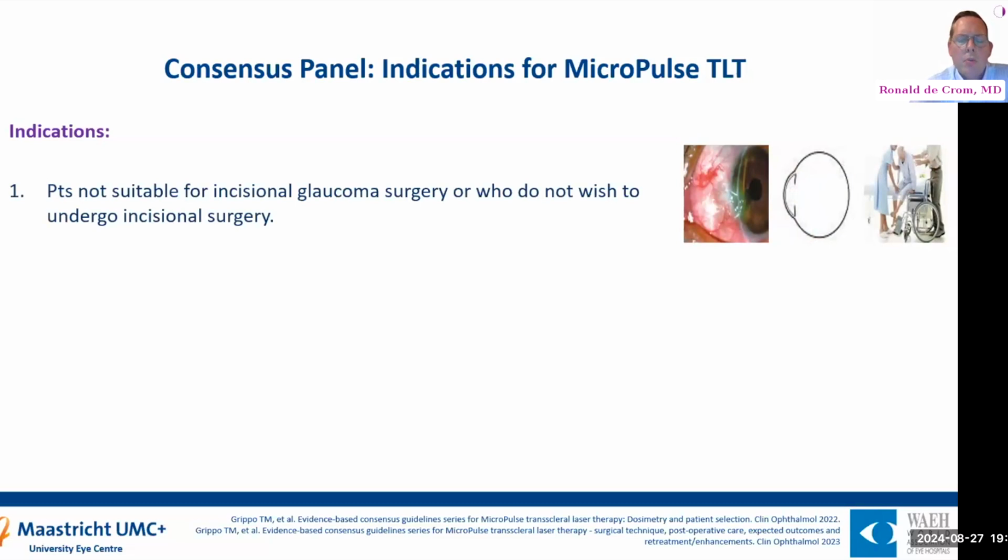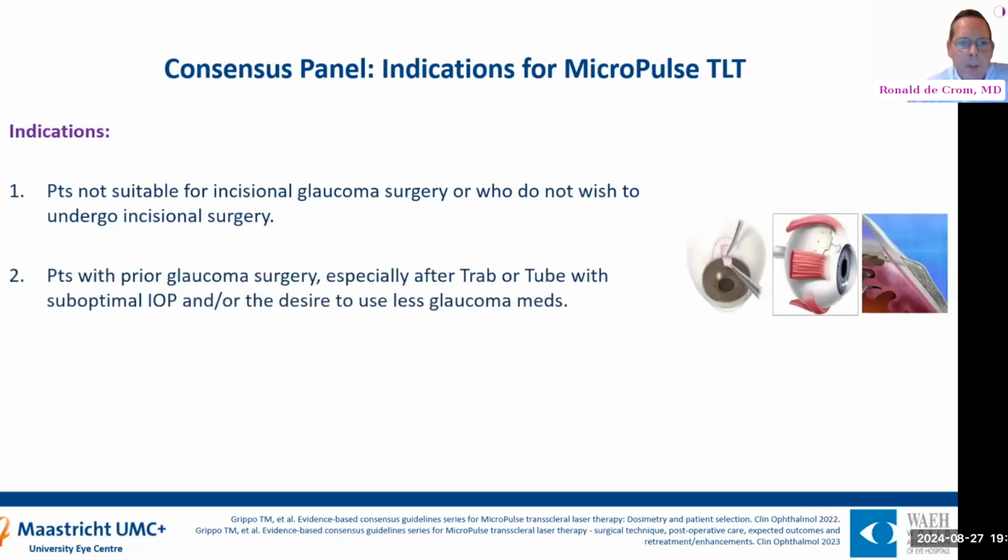Patients who are very suitable for the surgery are, for example, patients who aren't suitable for incisional surgery: patients with bad conjunctival tissue, patients with complicating factors like aphakia, or patients who are not able to undergo a bigger incisional surgery. Those are all very good patients to consider for treatment with MicroPulse TLT.